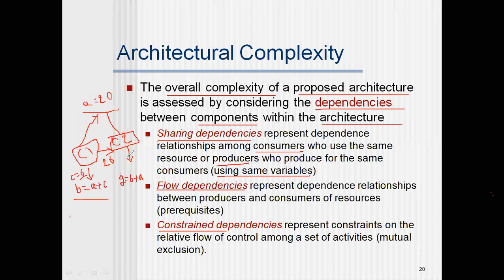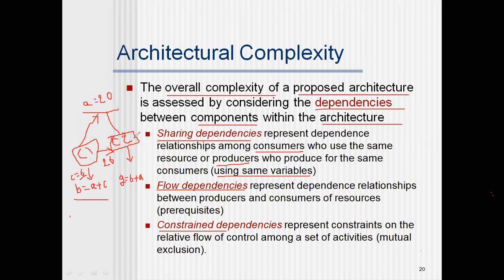Why? Because C2 is going to calculate B plus A. Already the A value is 20, but the B value it needs to take from C1 itself. So that's why 26 plus 20, it's around 46. G holds the value of 46.